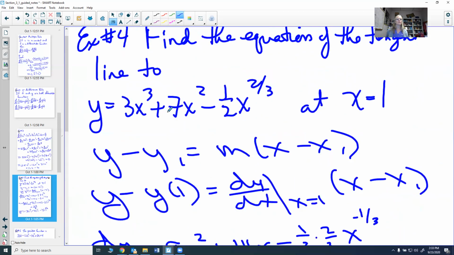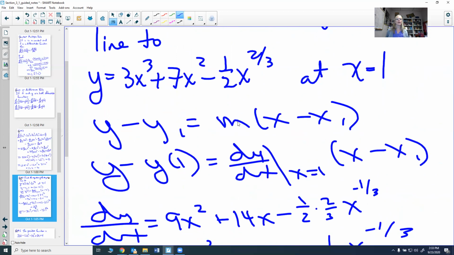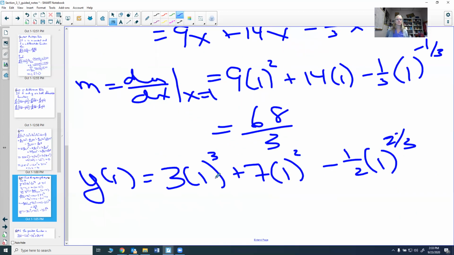So 3x cubed plus 7x squared minus 1/2 x to the 2/3. Again, I'm going to let my calculator tell me what that is. And my calculator tells me that's 19/2.